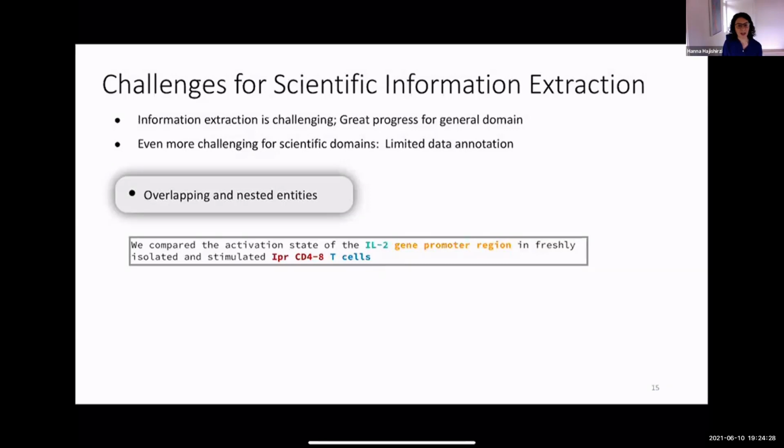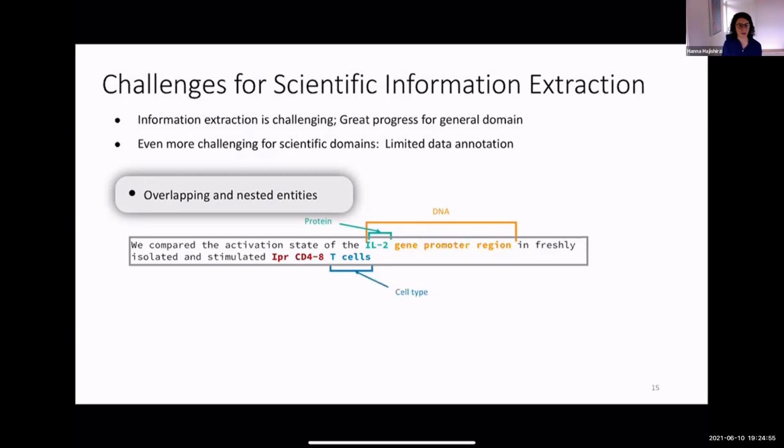The important challenge here is that there are a lot of overlapping and nested entities within a sentence. For example, IL-2 is the name of a protein, and then this whole phrase, IL-2 gene promoter region, is actually a DNA name. So these entities are basically nested here.